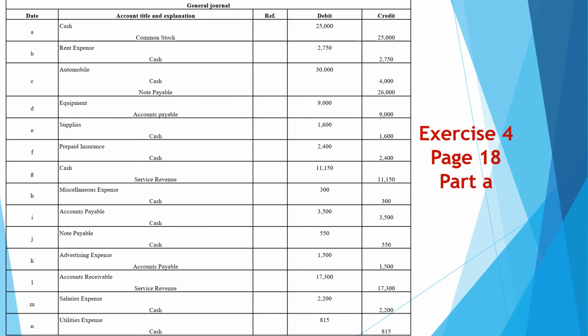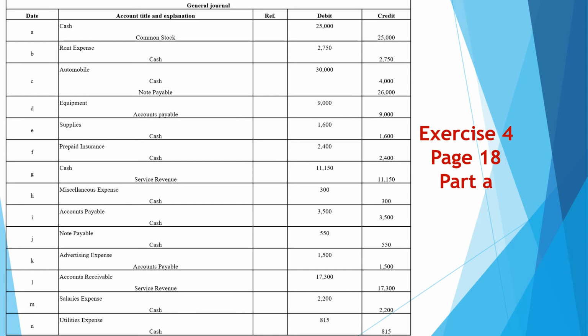In this transaction, we sold the common stock to the market and we take 25,000 cash. So the cash account increases and is recorded in debit since it has a debit normal balance, and the common stock increases and is recorded in credit since it has a credit normal balance.